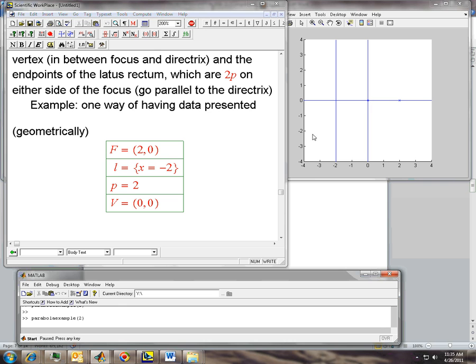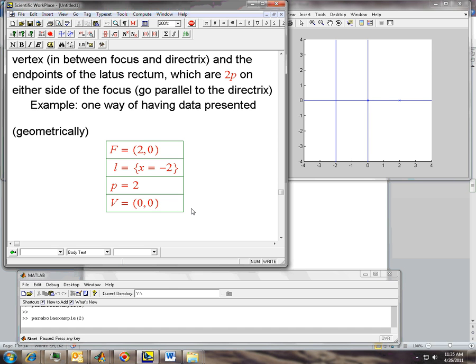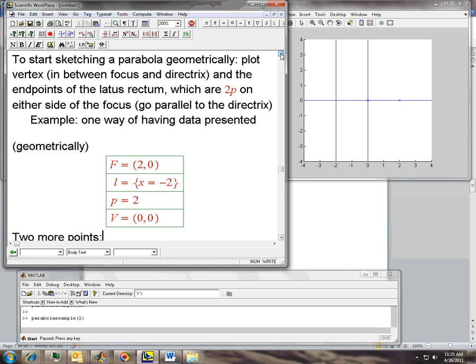And then remember, we can also get the endpoints of the latus rectum that gives us the focal diameter. We're going to have 2 more points, and this is what I had up here. You go 2p on either side of the focus, go parallel to the directrix.